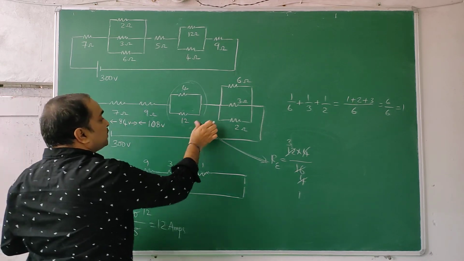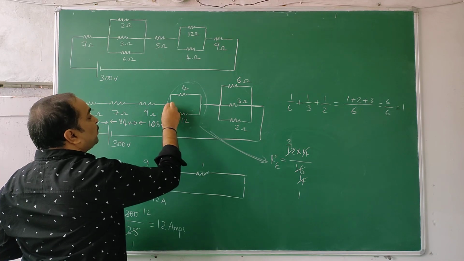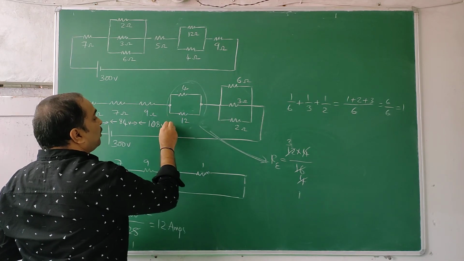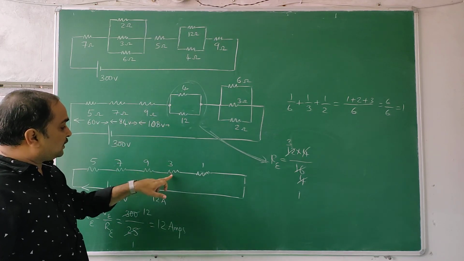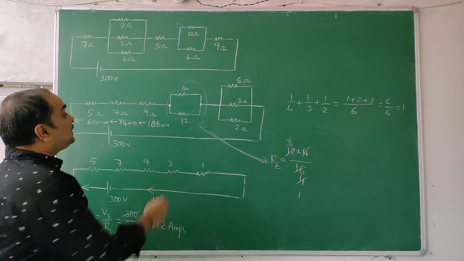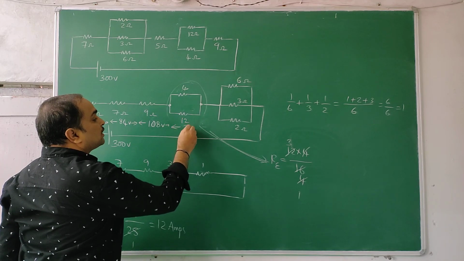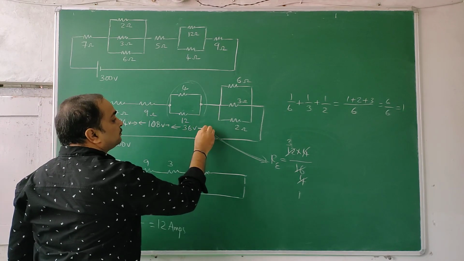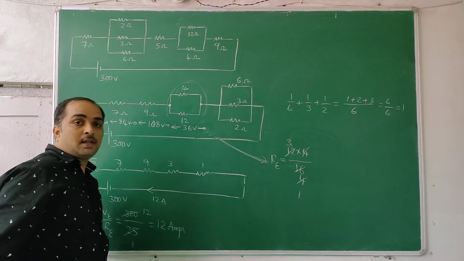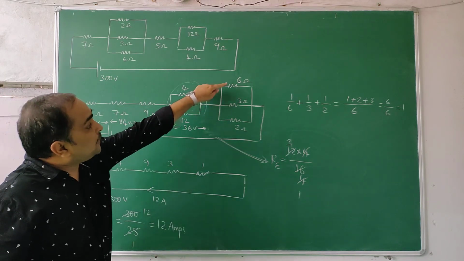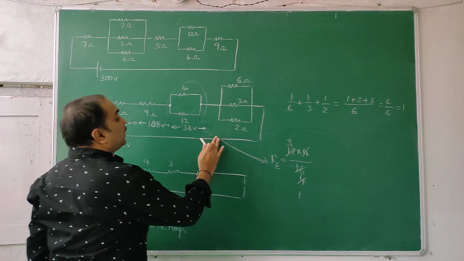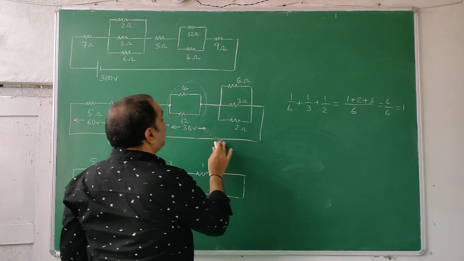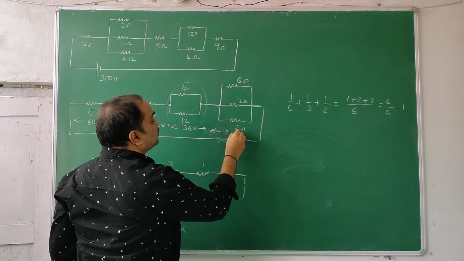Next, across this point and this point there will be a potential drop of, don't see this 4 and 12, that was actually 3. 12 times 3 is 36 volts. Next, don't see 6, 3, 2 individually, that combination was 1. 12 times 1, so across this there will be 12 volts.